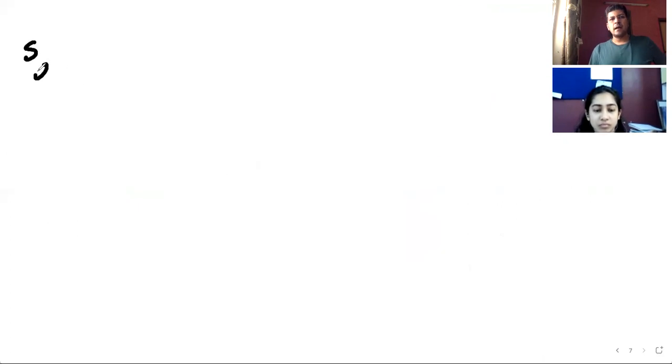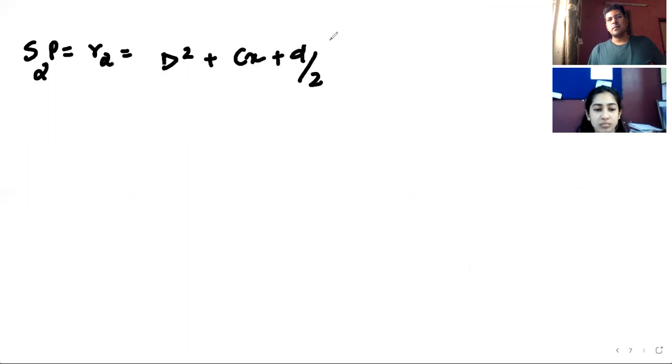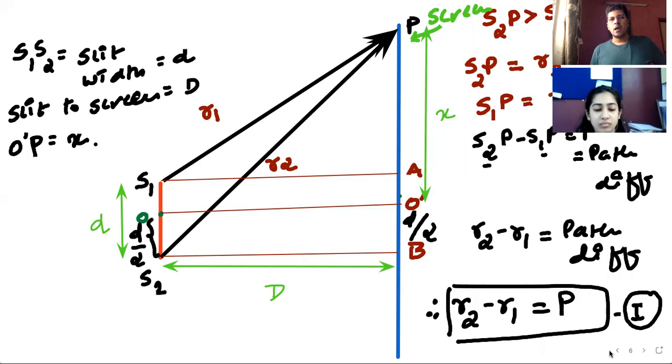So I'm putting that S2p, it is called as R2, it is called as a capital D square plus X plus d by 2, it's a square, expression number A. Now S1p, it is called as a triangle S1p and A. S1O is also d by 2.